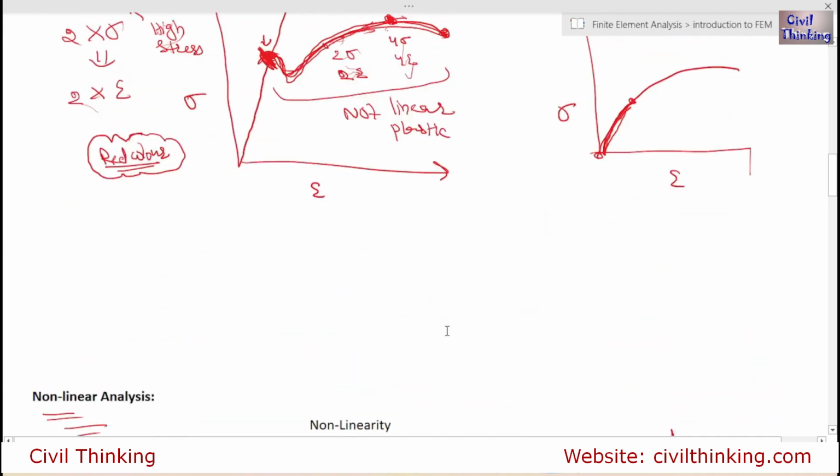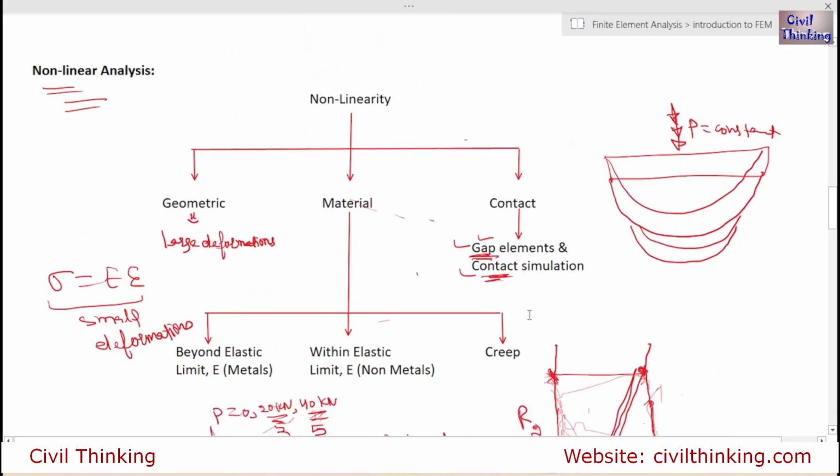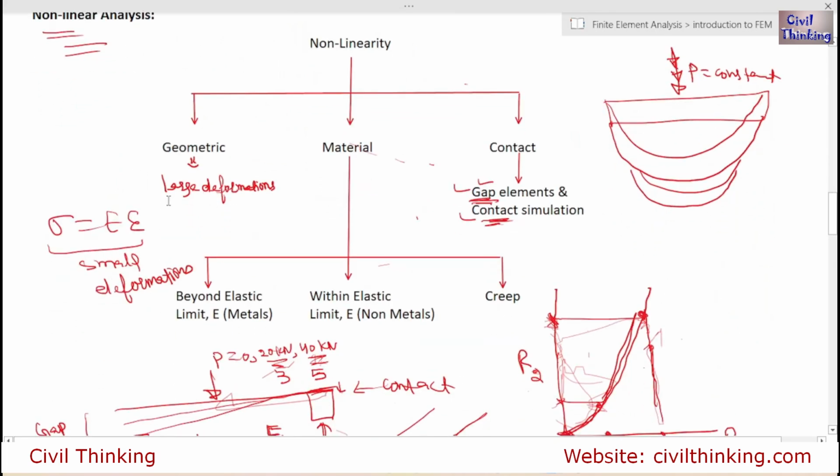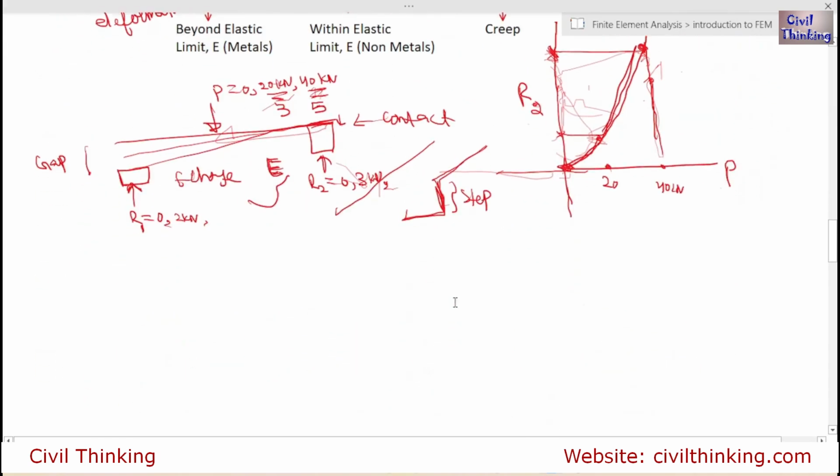Either we are in the non-metal range, or it is a gap or a contact, or if there is a large deformation, what happens? Because of large increase in the deformations, the stiffness changes, the E changes. So Hooke's law is not applicable anymore, and the analysis becomes non-linear. So let's move on.